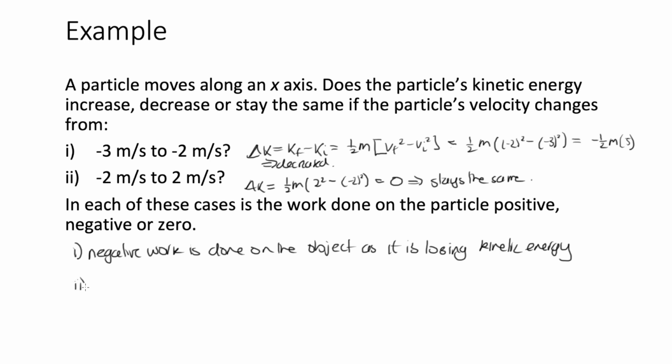And part 2, in this case, my kinetic energy didn't change, so the net work is 0. So the net work is 0 as kinetic energy does not change. So that's how we answer that problem.